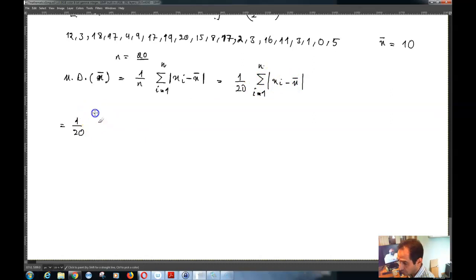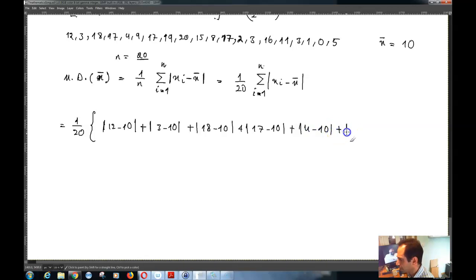the absolute value of, for example, 12 minus 10, plus the absolute value of 3 minus 10, plus the absolute value of 18 minus 10, plus the absolute value of 17 minus 10, plus the absolute value of 4 minus 10, plus the absolute value of 9 minus 10.